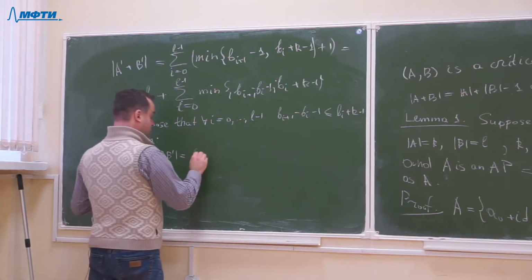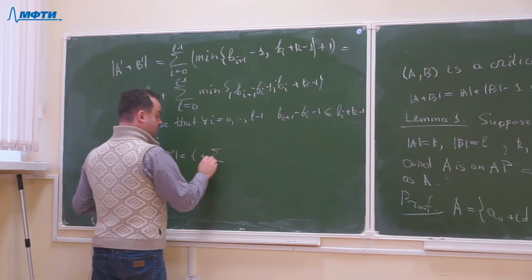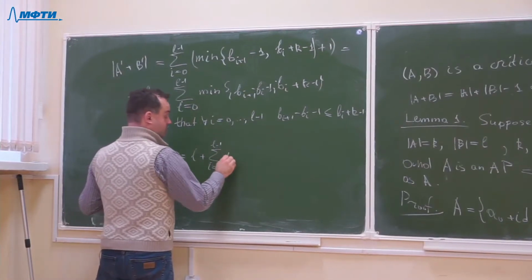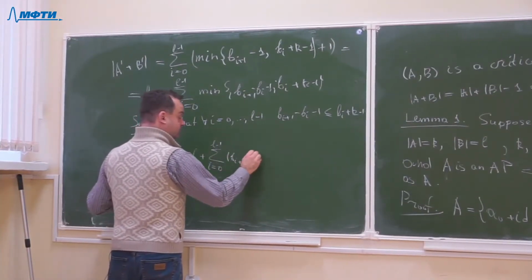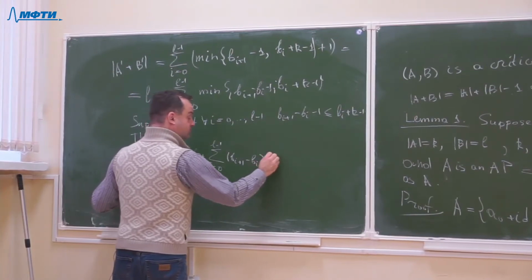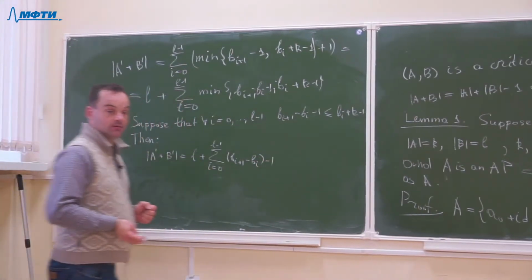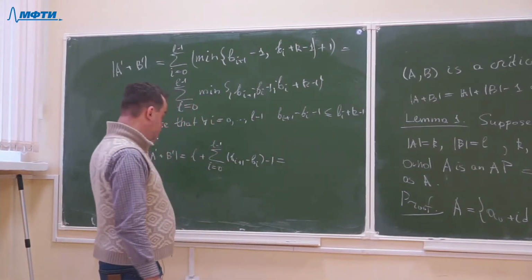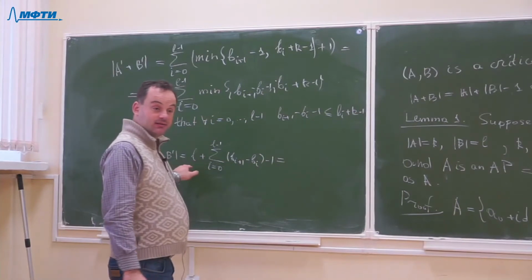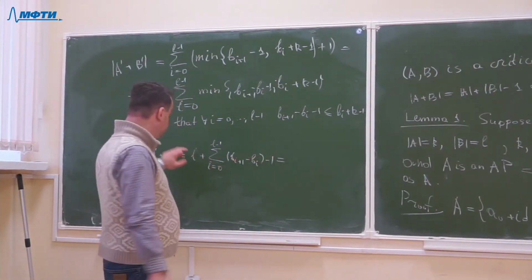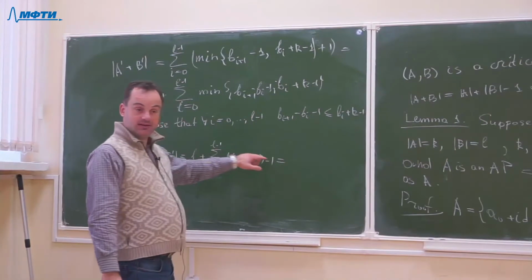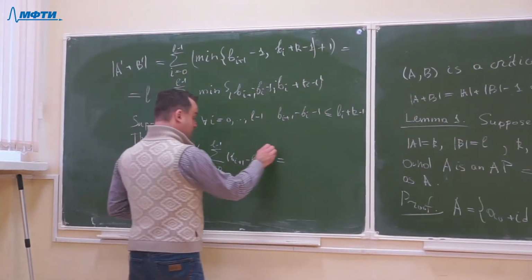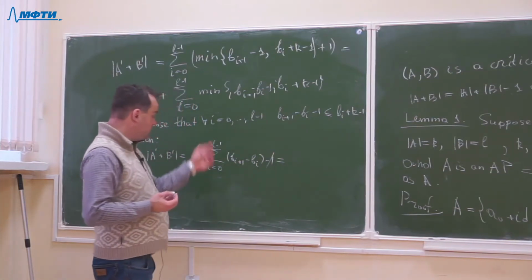This is L plus the sum for I from 0 to L minus 1 of Bi plus 1 minus Bi minus 1. And these minus 1s also sum up to L, and this L and minus L cancel each other, and we have this sum.